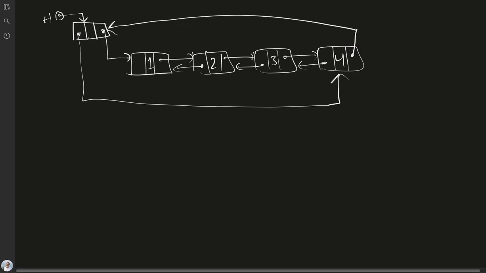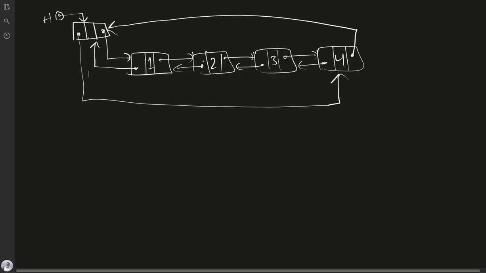And similarly, if we follow in the backward direction, so if we go to the previous of the dummy head, we reach the last node, and the last node contains the address of the second last node and the node before it and the node before it, and the first node would contain the address of the dummy head node.